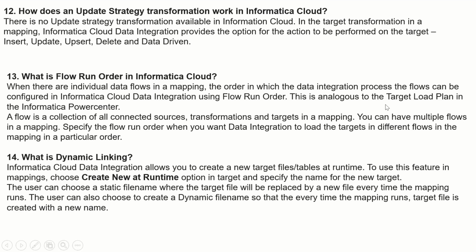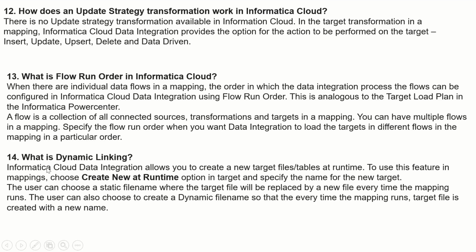This is analogous to target load plan in Informatica PowerCenter. A flow is a collection of all connected sources, transformations, and targets in a mapping. You can have multiple flows in a mapping. Specify the flow run order when you want data integration to load targets in different flows in the mapping in a particular order.